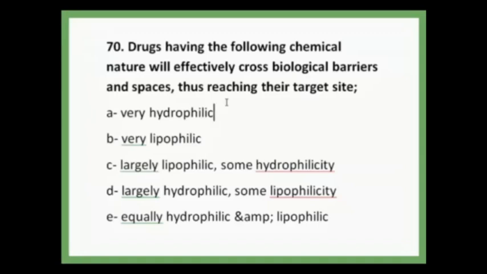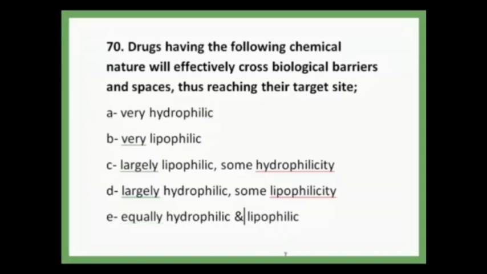So option A is very hydrophilic, meaning that if the drug is very hydrophilic, it will effectively cross biological barriers. Or it is very lipophilic. Or the C option, largely lipophilic and some hydrophilicity is there. D, largely hydrophilic and some lipophilicity is there. E, equally hydrophilic and lipophilic.